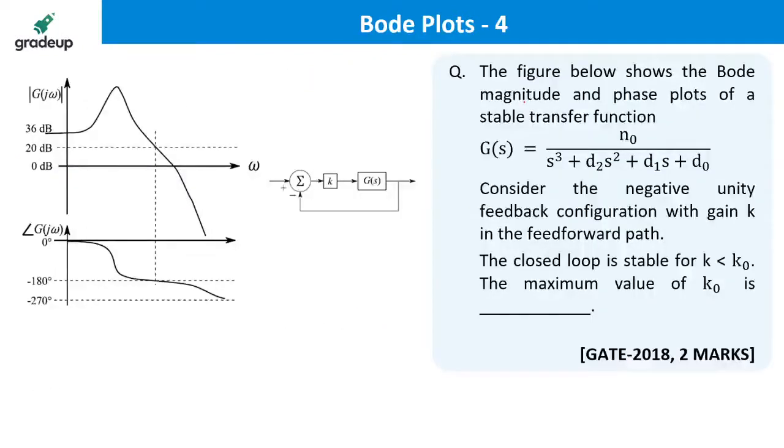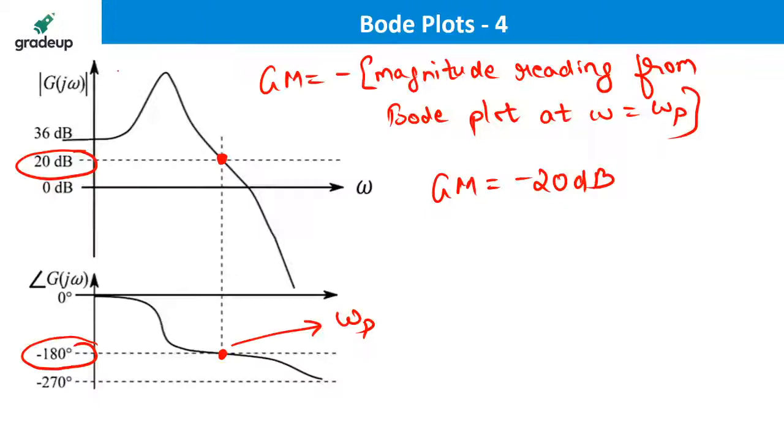Now listen, this is the Bode plot of GS, only GS, when there is no K. Just for a moment, remove this. So this is the Bode plot analysis without K. The gain margin is negative, clearly indicating that the system is unstable.